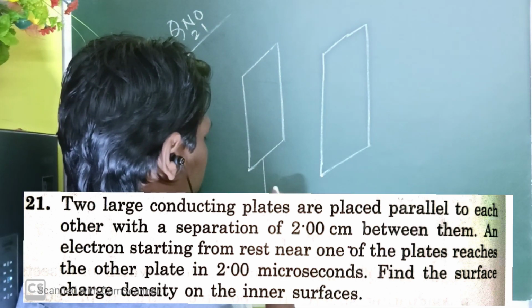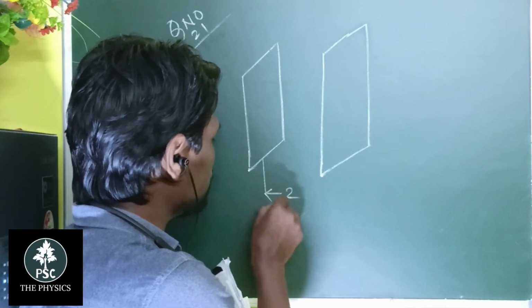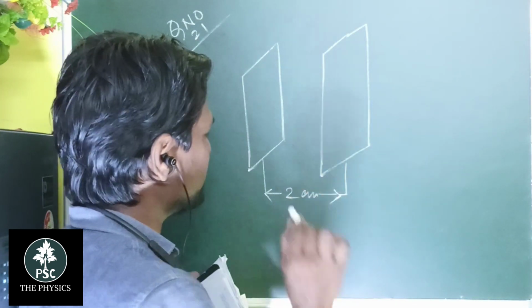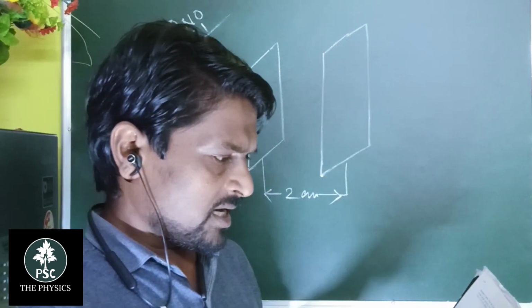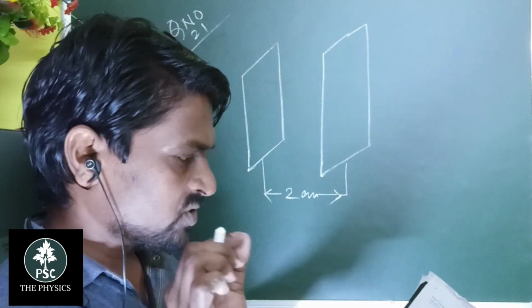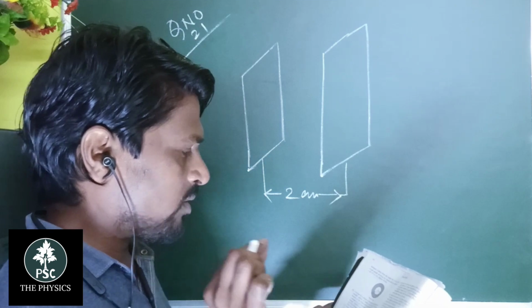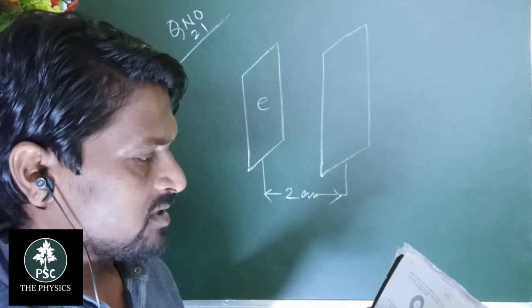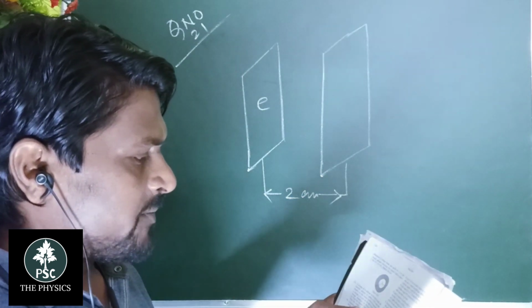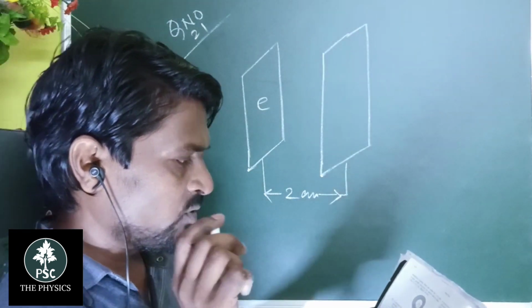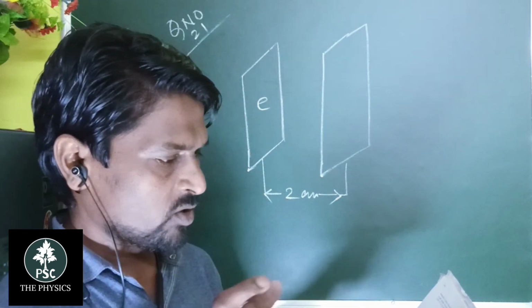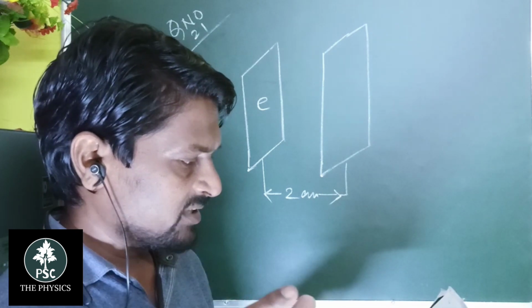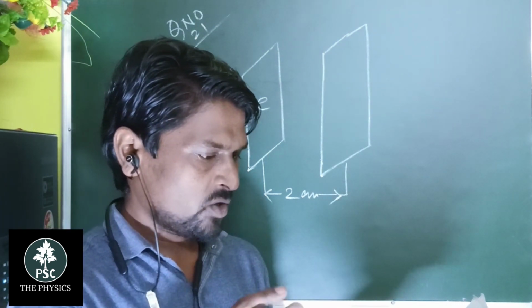So the separation between the plates is 2 centimeter. Between them, an electron starting from rest near one of the plates reaches the other plate in 2 microseconds. Find the surface density of charge on the inner surface.